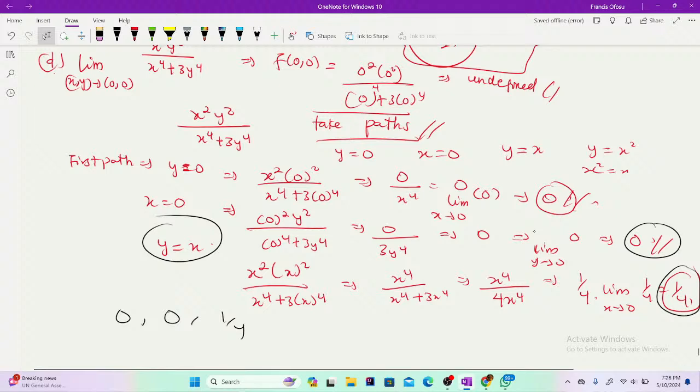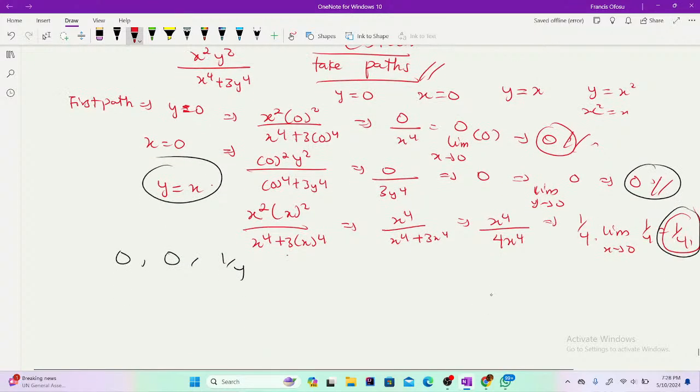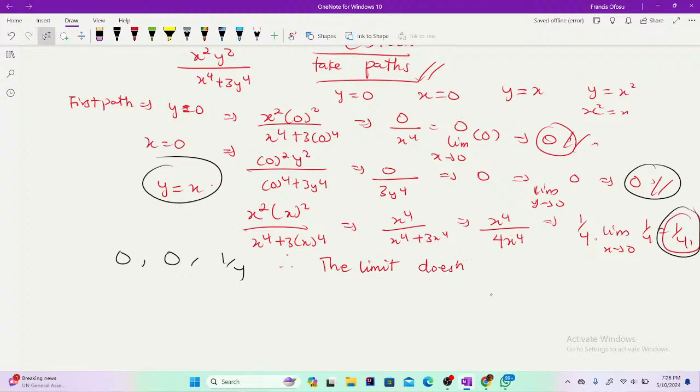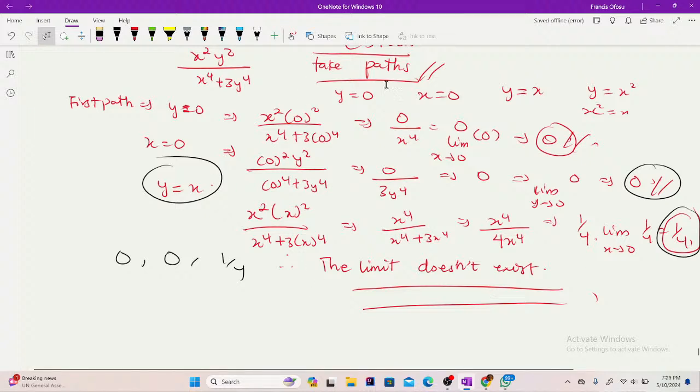These two happen to be equal, but the last one became a different answer, meaning that our limit doesn't exist. So this is the answer. The limit doesn't exist. Once the limit doesn't exist, you've seen how we've taken the different paths.